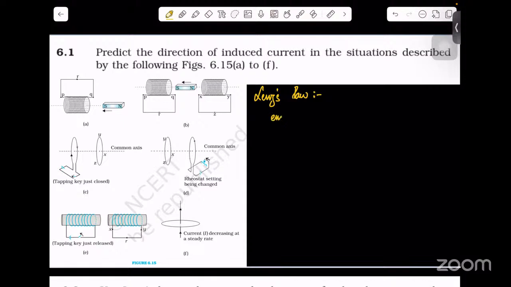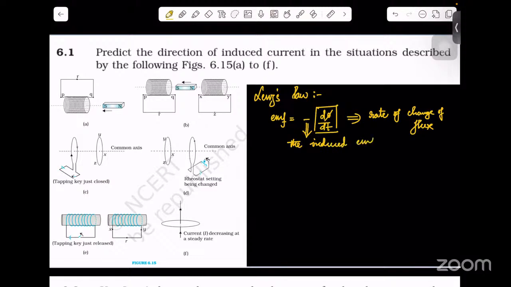The induced EMF can be depicted as minus d phi upon dt, where d phi upon dt is the rate of change of flux, and this negative sign indicates that the induced EMF always opposes the cause that produced it.